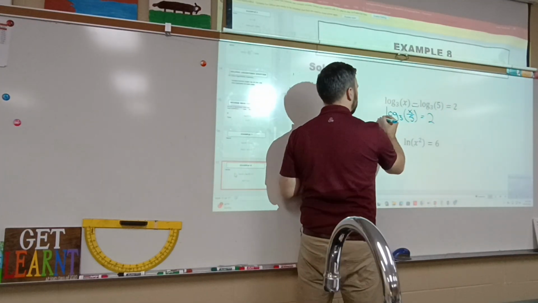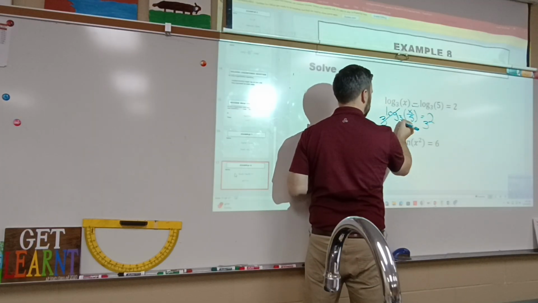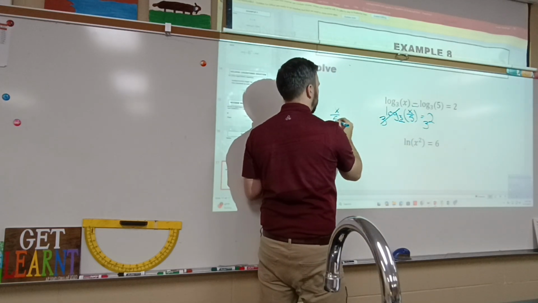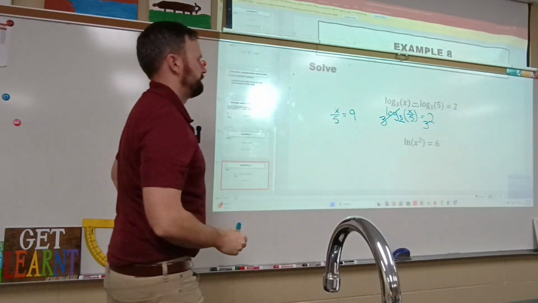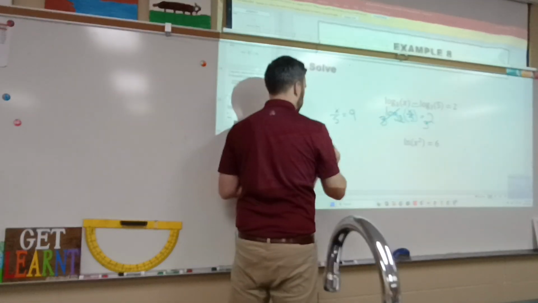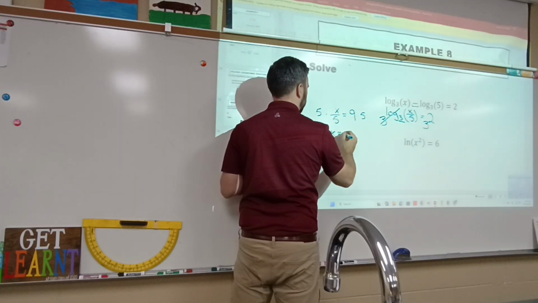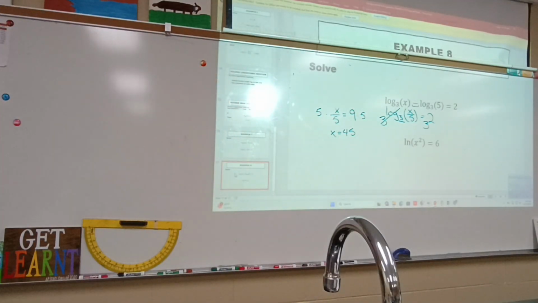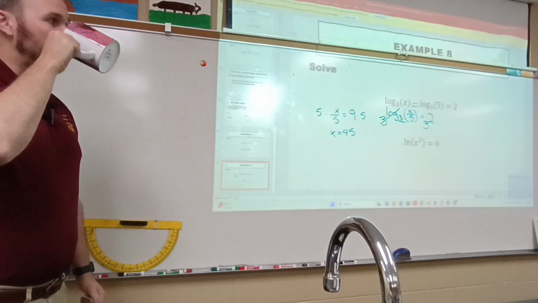So I'm going to take both as a power of 3, right? So now I'll cancel, matching the base. So I get x over 5 equals 3 squared, which is 9. Times by 5. x is 45. I did that relatively quick. You got to get down to 1 log. 2 logs is too heavy to carry.